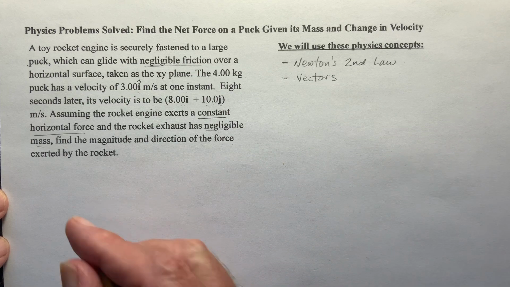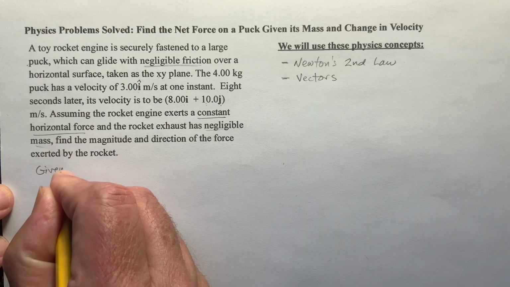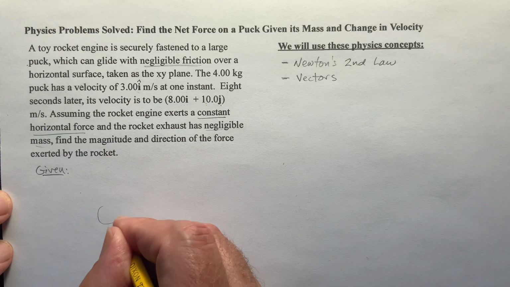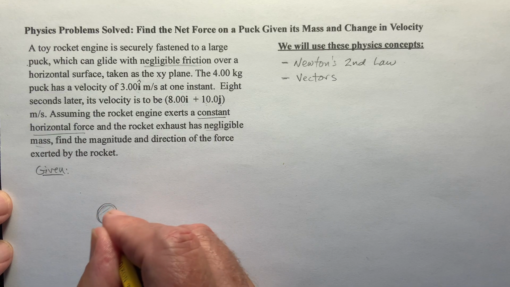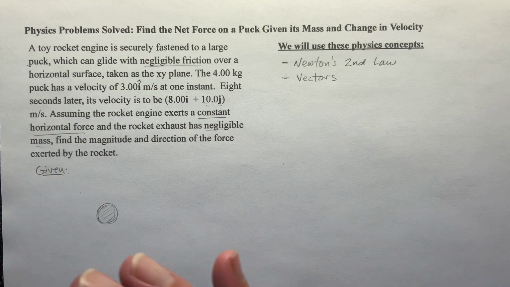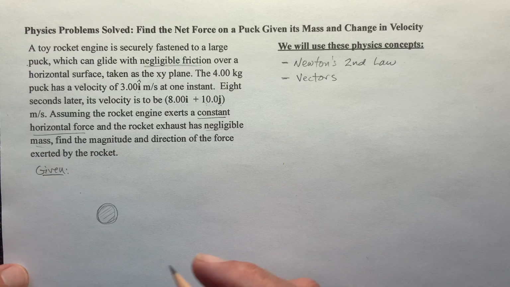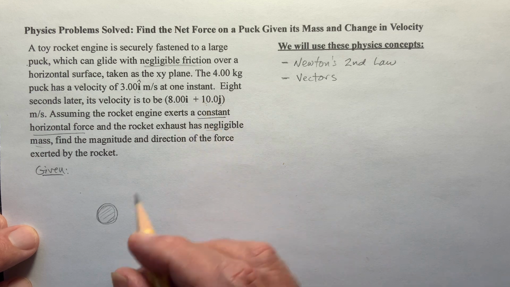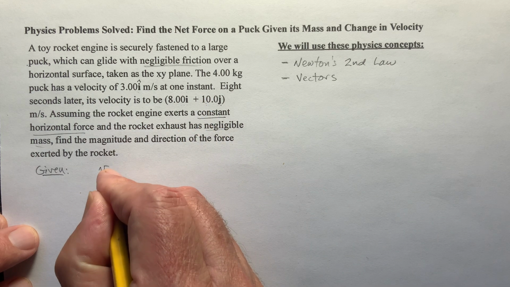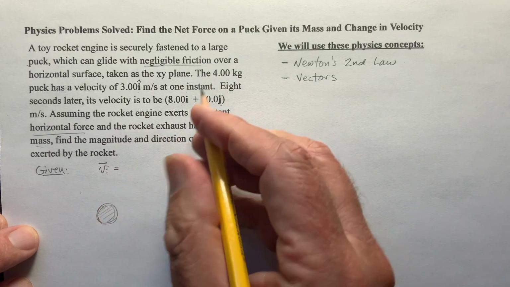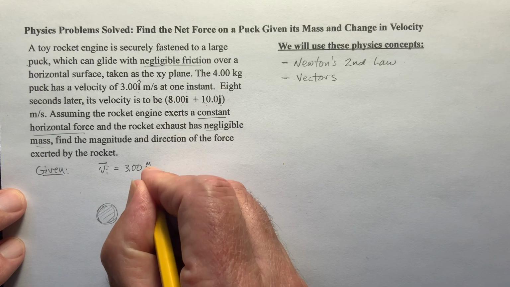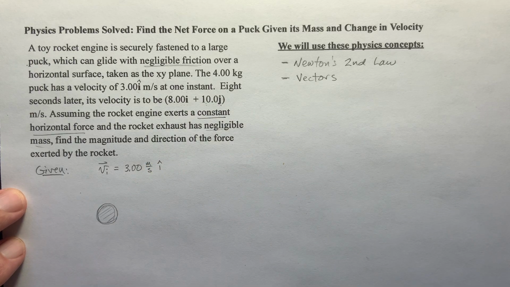Okay, let's set this up. Given here, let's draw the puck. And we're looking down on it now, like maybe for curling or something. We know its initial velocity is 3.00 meters per second in the x direction.